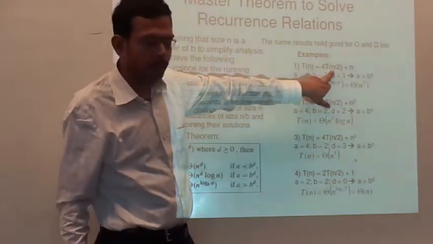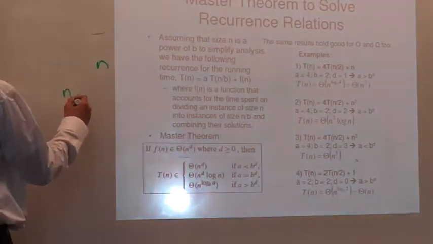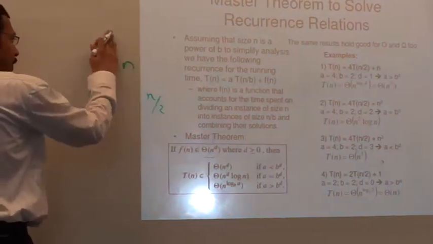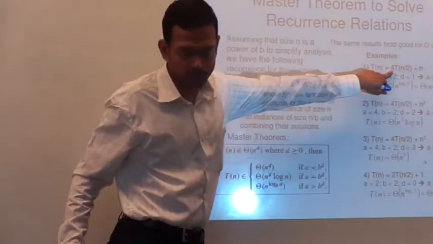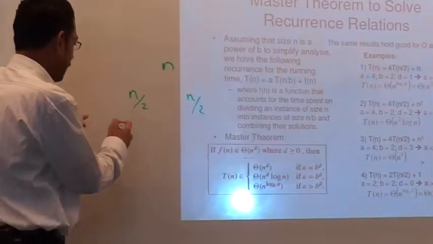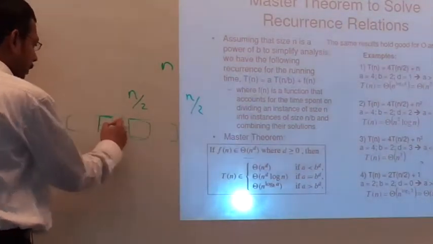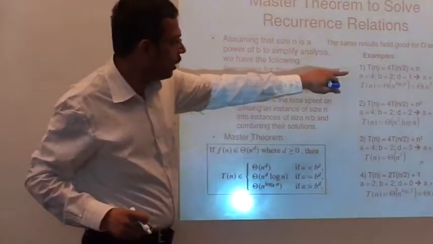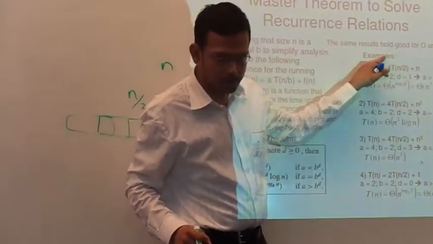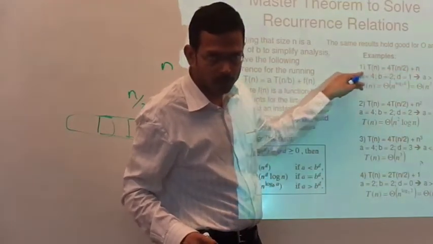If you're breaking a problem of size n into problems of size n over 2, we have actually only 2 subproblems. But you see here, you solve 4 of these subproblems, which means when you break it up, depending on the problem, there may be some overlap between the different problems. So we are solving 4 such subproblems and combining those solutions, and this is the time to combine the solutions. So we want to solve this recurrence.